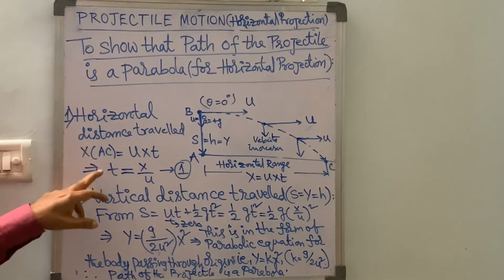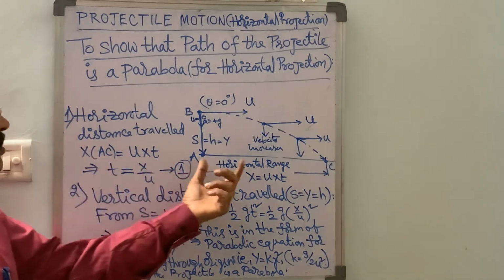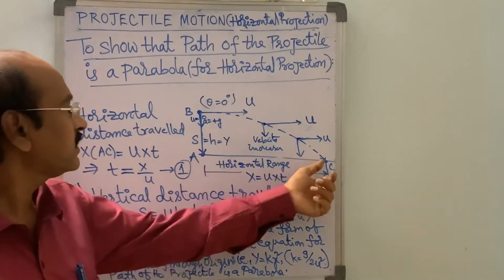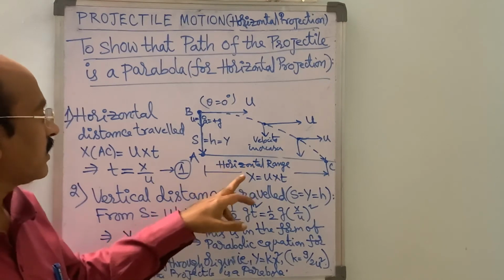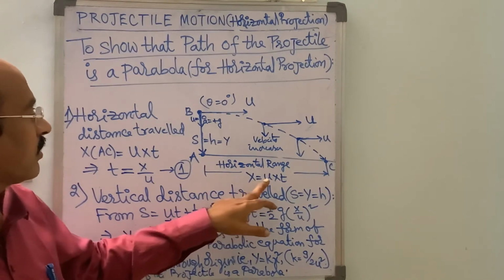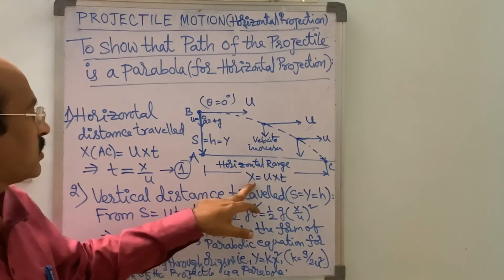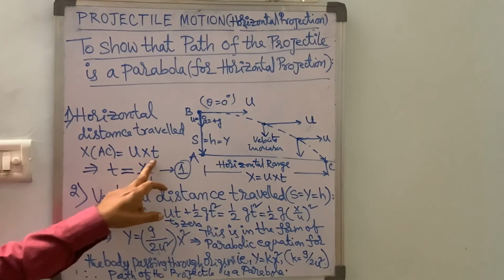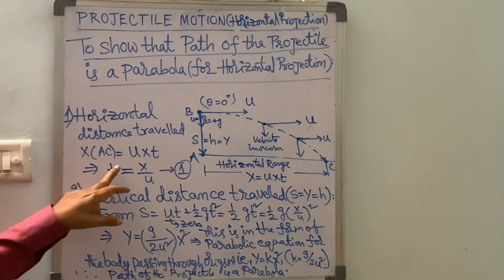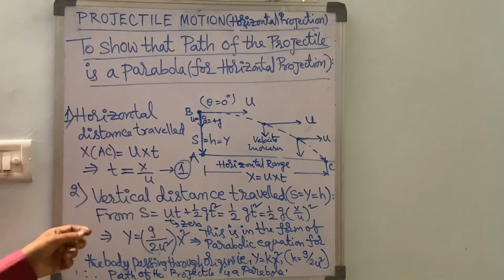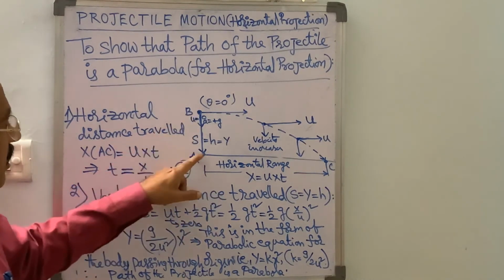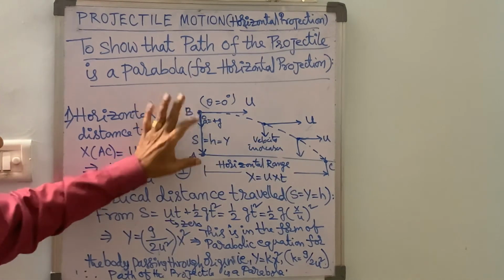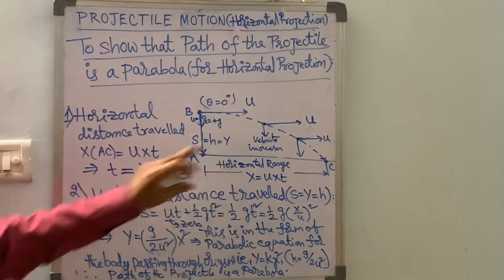Therefore, the horizontal distance travelled when the body touches the ground from A to C is equal to horizontal velocity into time. Horizontal distance x = horizontal velocity into time, general equation. From this, time of journey is t = x/u. Now the vertical distance travelled by the body on reaching the ground is equal to its height, or s = y.